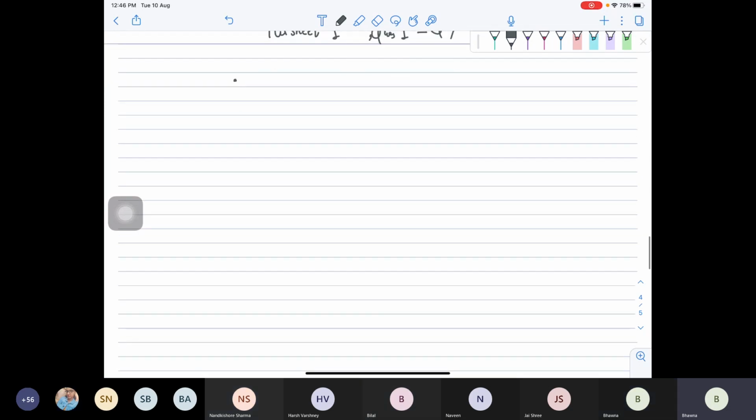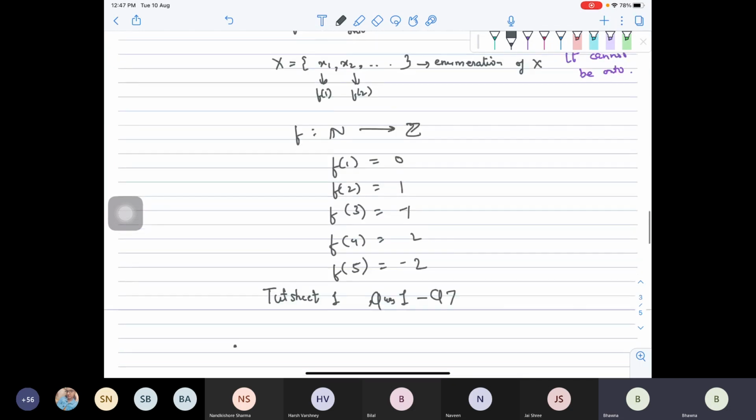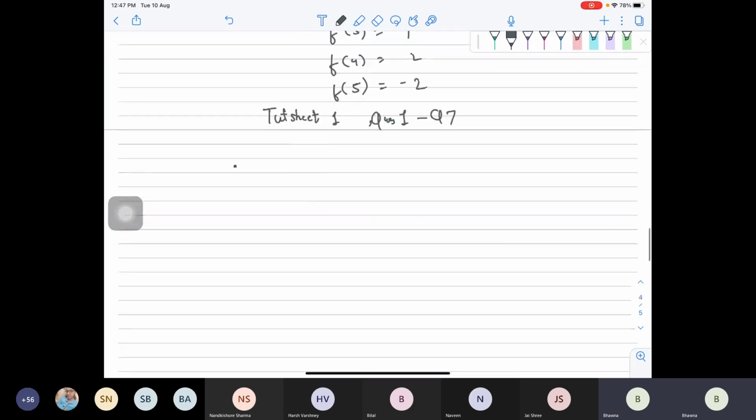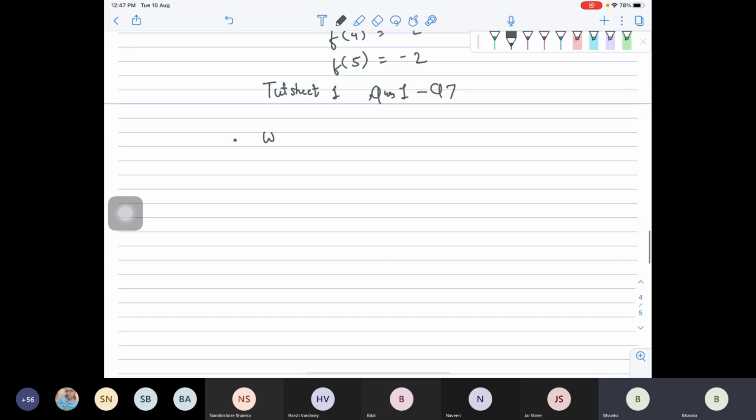So now, when we talk about natural numbers, the well ordering principle and the principle of mathematical induction come naturally. I'll redefine what the well ordering principle was. The well ordering principle of natural numbers says that any non-empty subset of N has a least element.